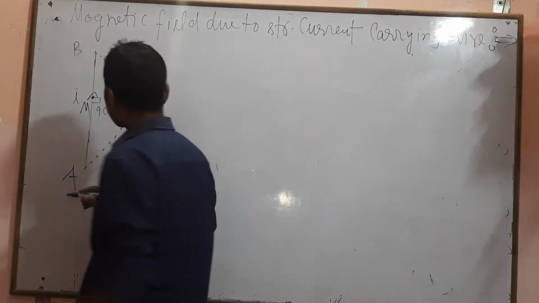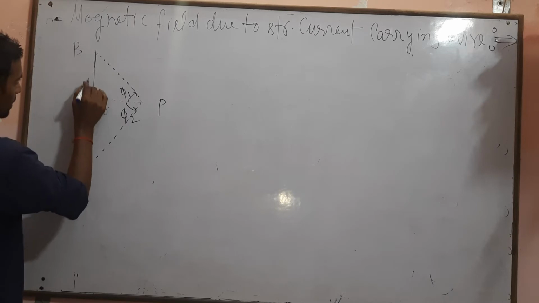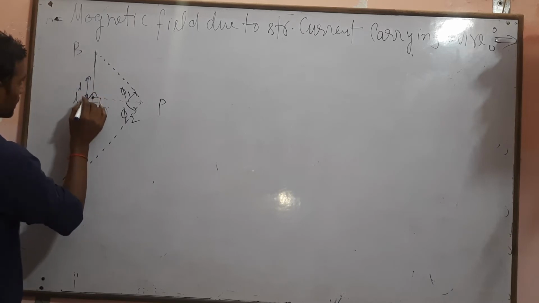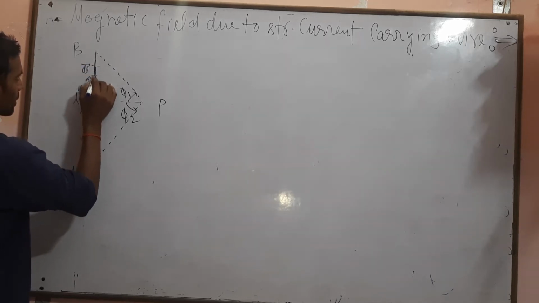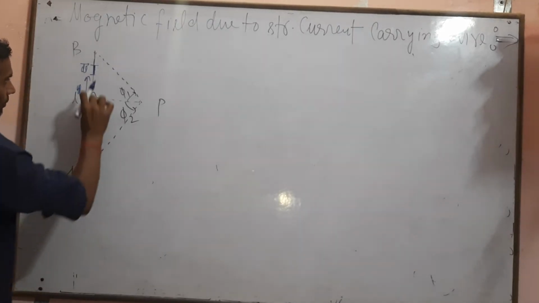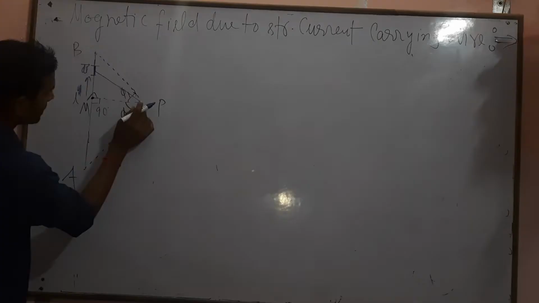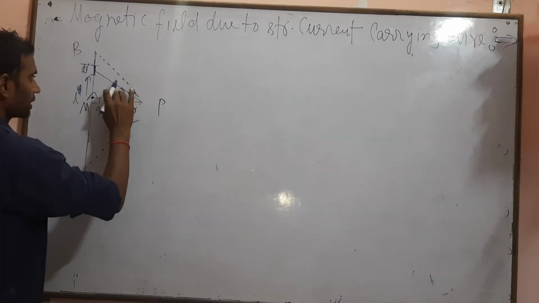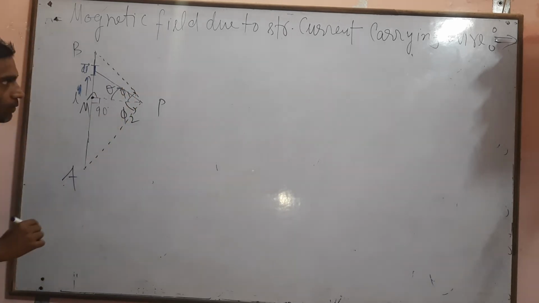Look here, using the Biot-Savart law, let us suppose this is the length L, and we cut a small length dl from it. This is the length dl. Then we can say this angle is theta.